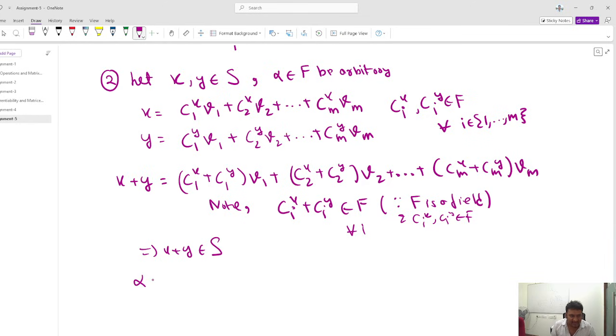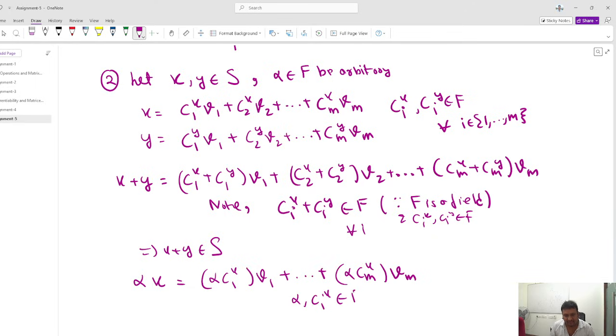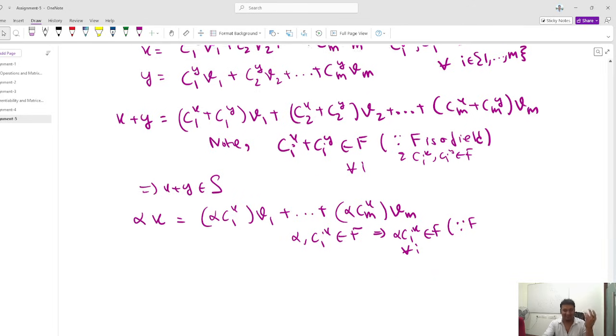Similarly, what is alpha x? Shall I write directly? Alpha times c1x v1 plus dot dot dot alpha times cmx vm. Note that alpha and cix are all in F. F is a field, so it is closed under the multiplication operation.